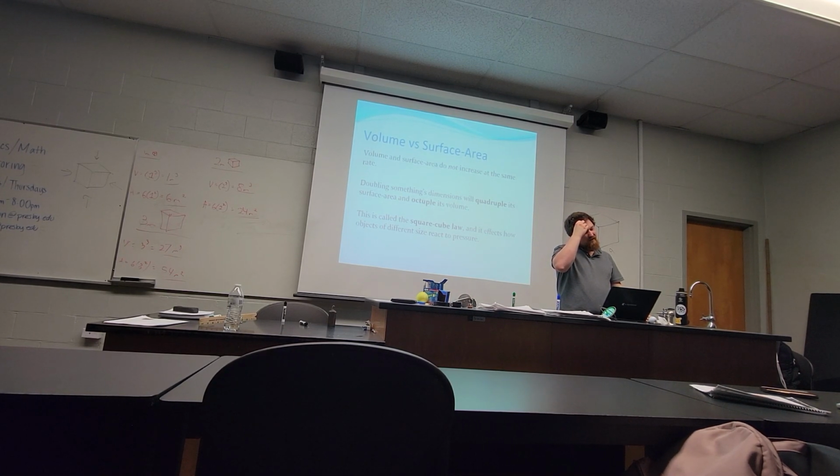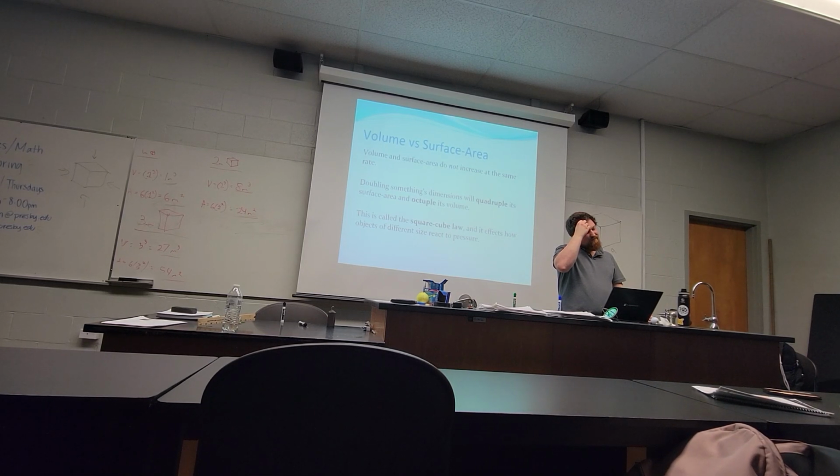My brain is not braining today. 10 times bigger, 1,000 times the mass. And that's why we don't have giant animals nor giant robots. Because the bigger they get, the exponentially more mass they have and the heavier they get, to the point where they can't support themselves.